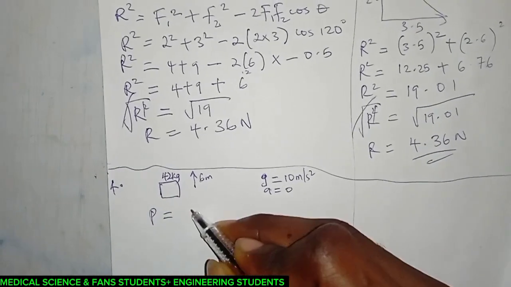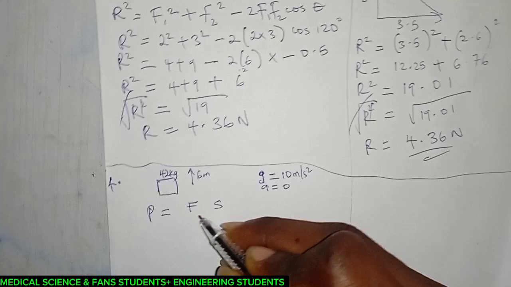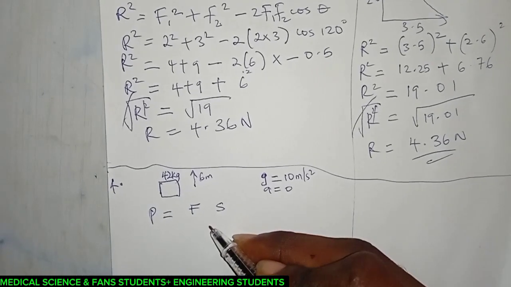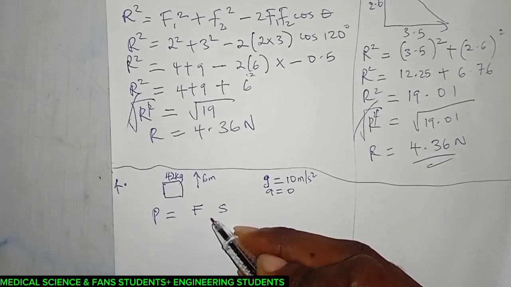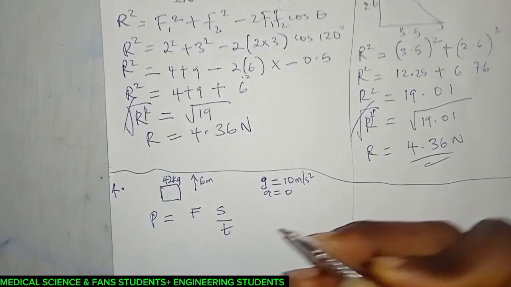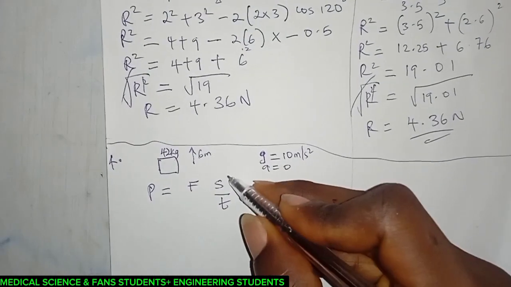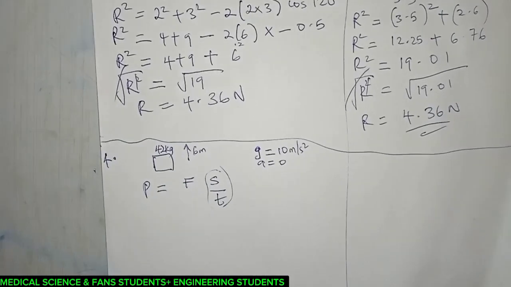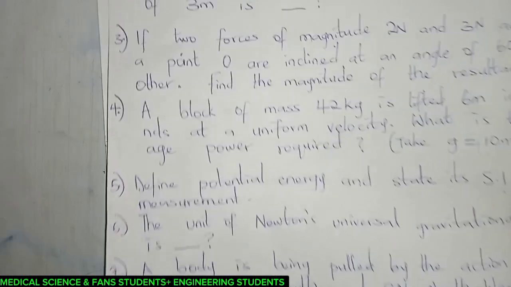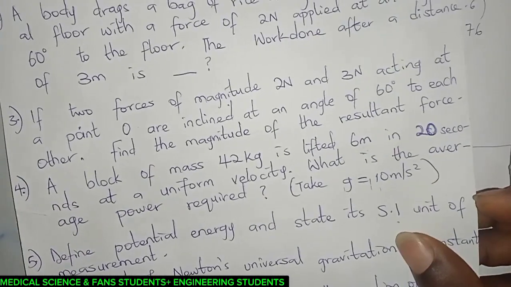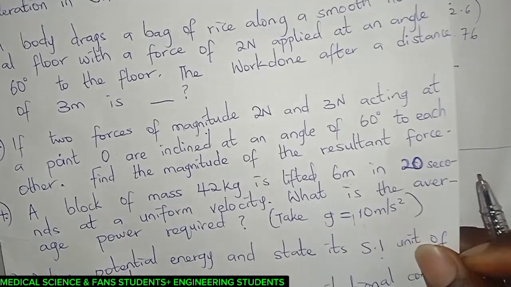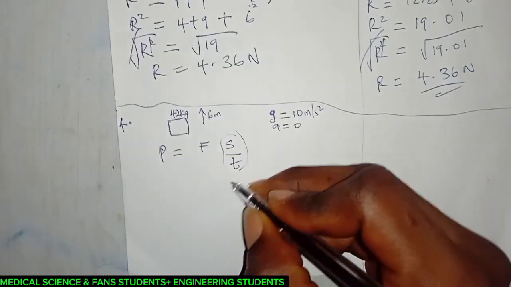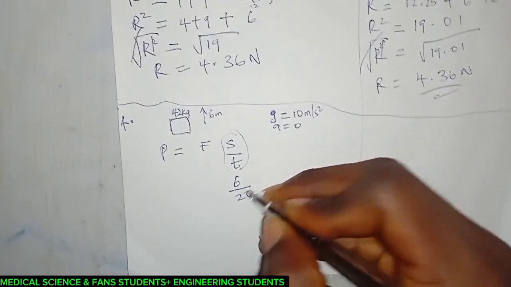Remember that power is force times distance over time, that is work done over time. Power is the rate of work done, so that is Fs over time. From the question they gave me displacement, that's displacement to be 6 meters in 20 seconds. So I'll simply do 6 over 20.